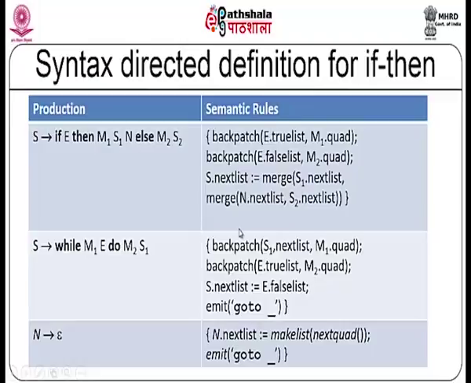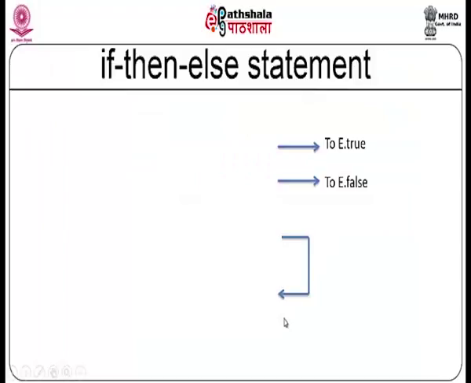This go to will be to begin, okay. So, that is dash here, which is simply an emit of a go to. That go to will be going to S dot begin. Okay. Now, that will be again nothing but S1's next actually.